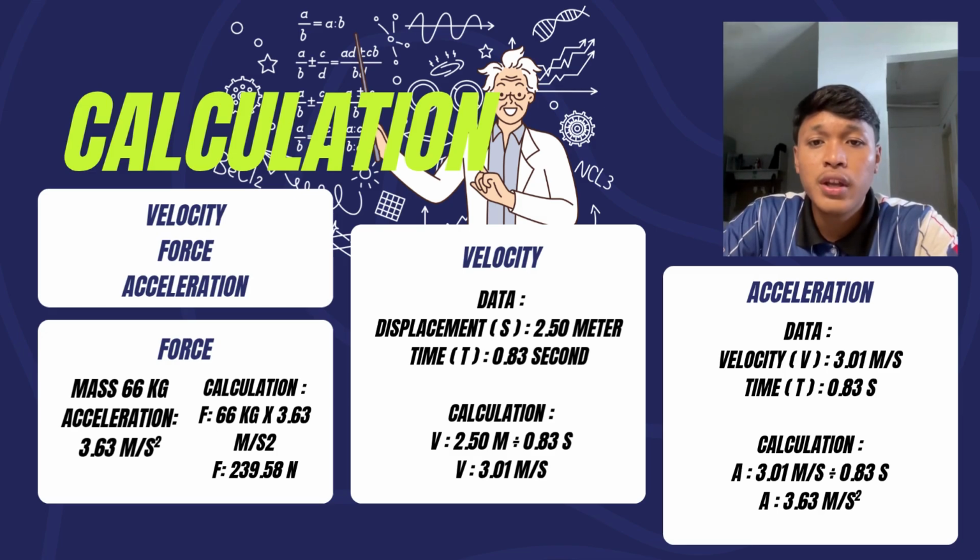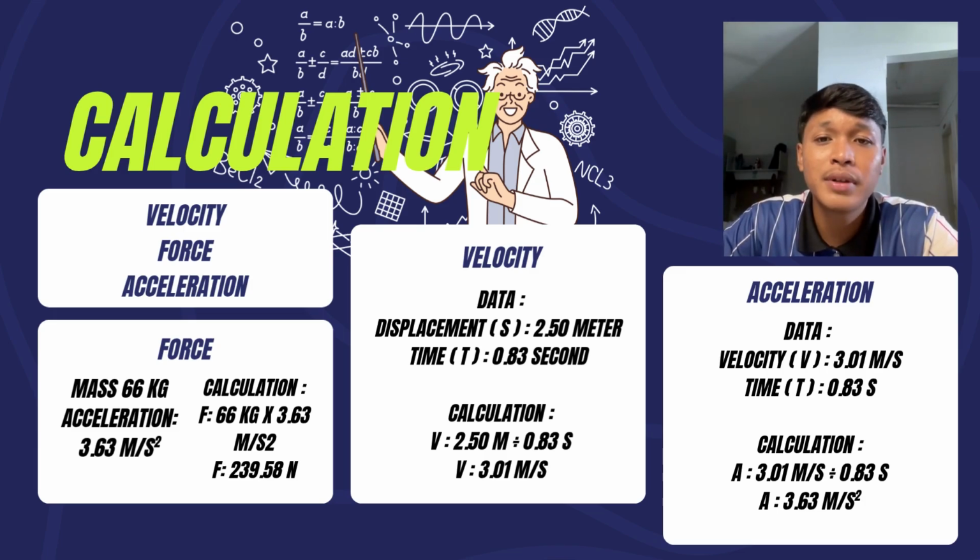So, we divide displacement by the time, which is 2.50 meters divided by 0.83 seconds. So we get the answer 3.1 meter per second. This means the object travels 2.5 meter in 0.83 seconds. So its velocity is 3.1 meter per second.